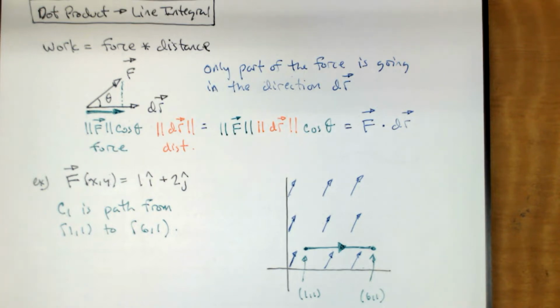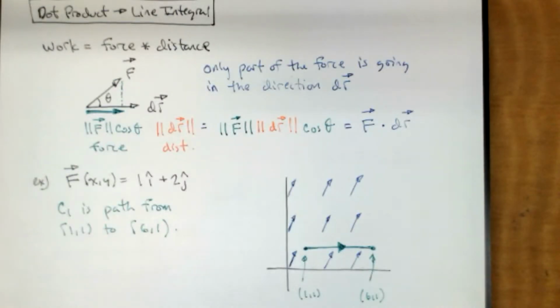The way we want to think about this is we're going to think of our vector field as the force and the path as our distance. That's the direction that we want to go. Now we can see as we're walking along this vector field, the vector field is pushing this way. So it's going to take some effort on our part to stay on this path.